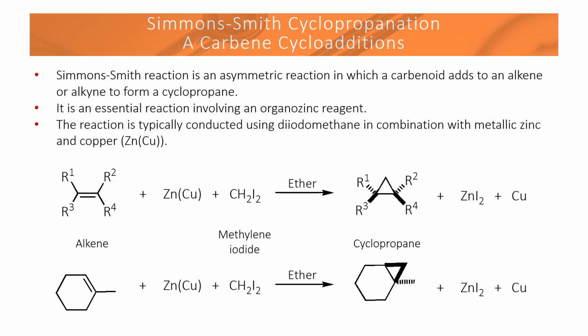With an alkene, you can see that we generate this cyclopropane ring. Notice that we have retained the stereochemistry that was present in the original alkene. So herein, for example, look at the placing of R1, R2, R3, and R4.